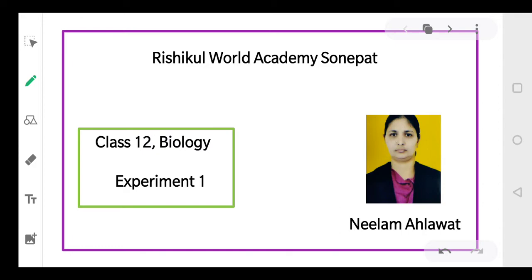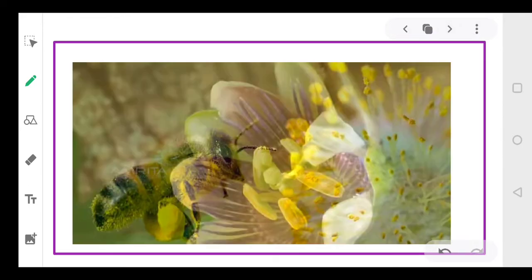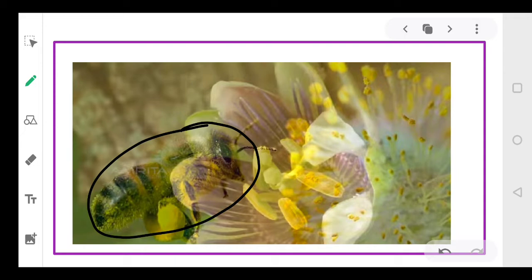Okay, so today we'll start with experiment number 1, and I hope you enjoy this experiment. Now, students, we've talked about pollination. What is pollination? Transfer of pollen grains from one flower to another. And we know that insects, the biotic components, play a very important role in pollination.